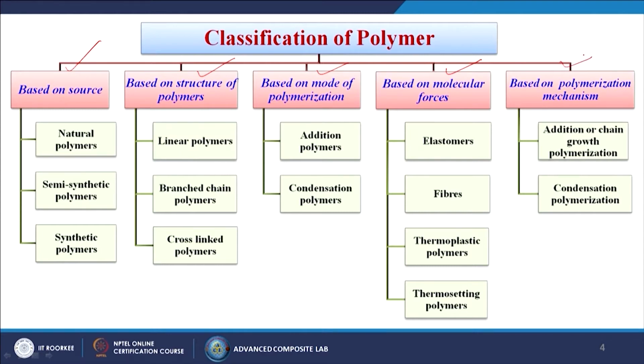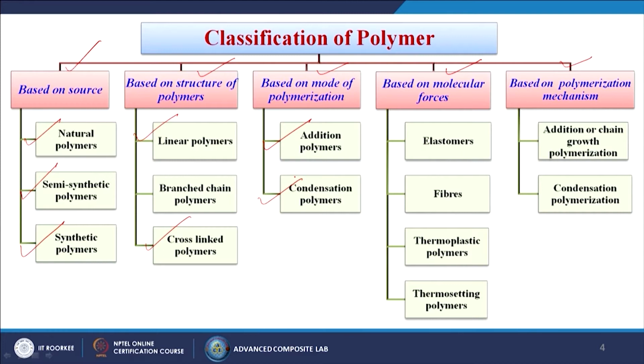First, based on source, it is divided into 3 parts: natural polymers, semi-synthetic polymers and synthetic polymers. When you are talking about the structure of polymers, it is also divided into 3 parts: linear polymers, branched chain polymers and cross-linked polymers. When we are talking about how we prepare the polymers, that means the mode of polymerization, it is called addition polymers and condensation polymers.